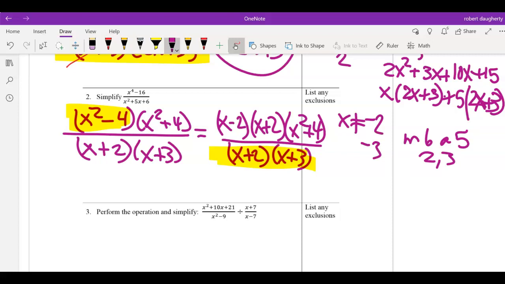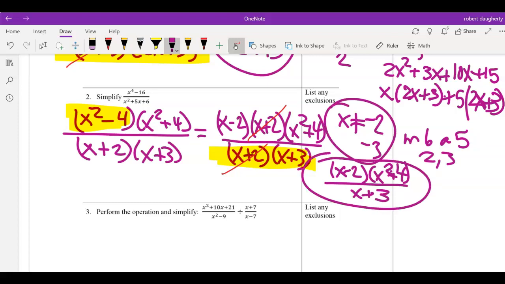And then to simplify this, you know that x plus 2 over x plus 2 is 1. So this final answer is just x minus 2, x squared plus 4 divided by x plus 3. So these are your exclusions, and there's your final answer.